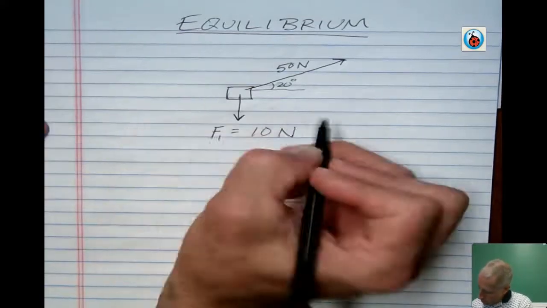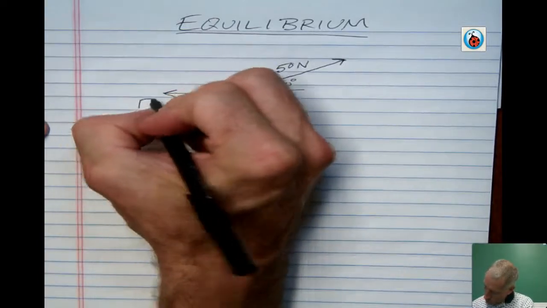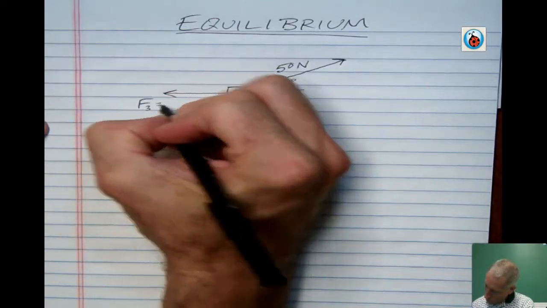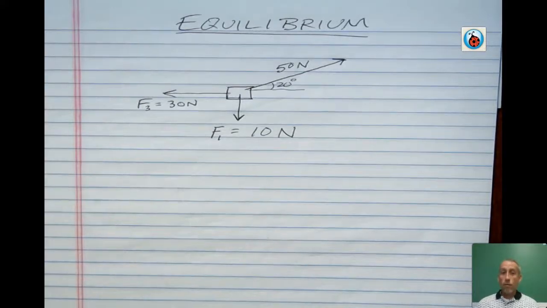And then we'll put maybe 30 newtons out this way towards the left. Refer to that as F3. And then your job would be to find the fourth force that it would take to keep that thing in equilibrium. So it's hard to tell looking at it right now in what direction that's going to point. So I'm not going to try to draw it. I'm just going to show you how we calculate it.